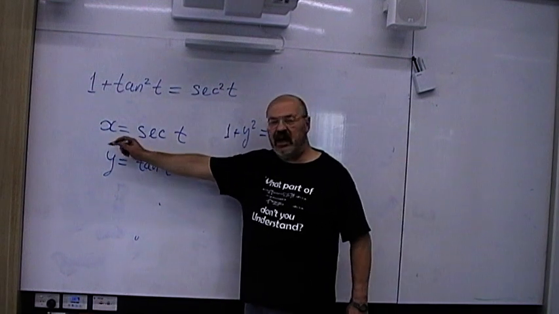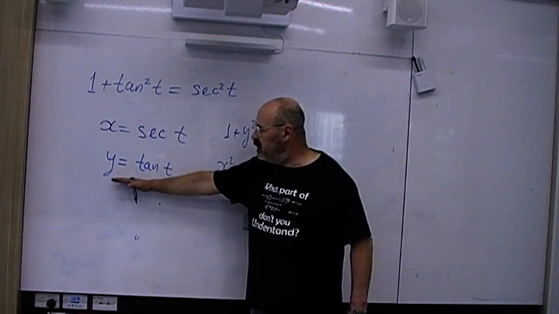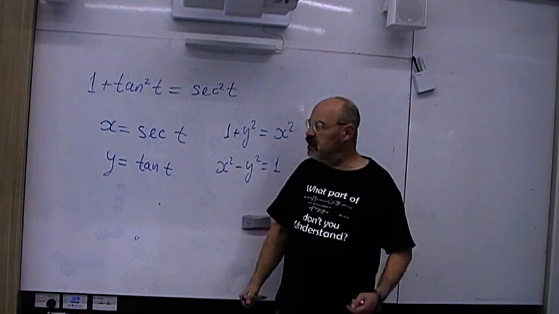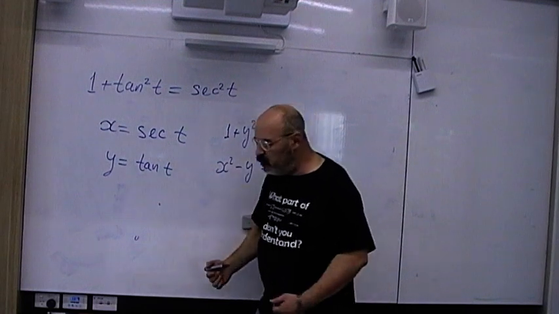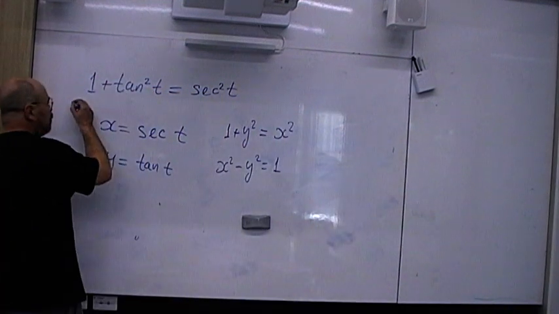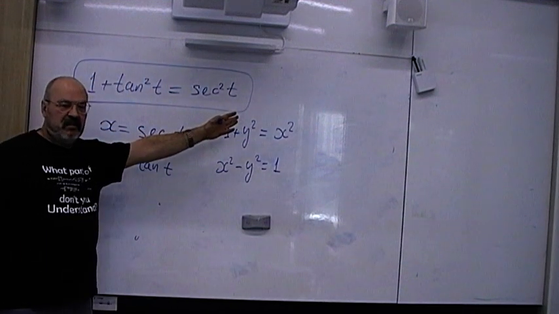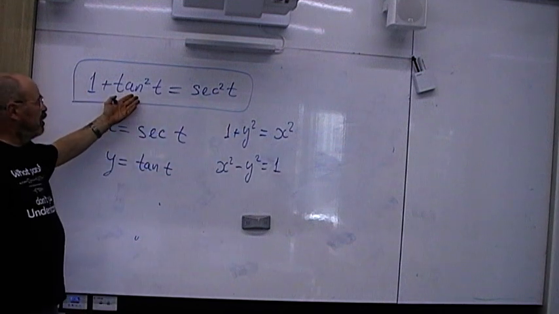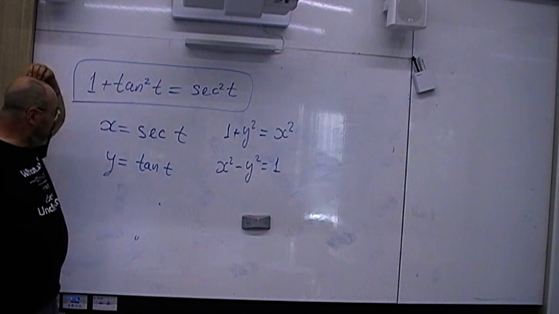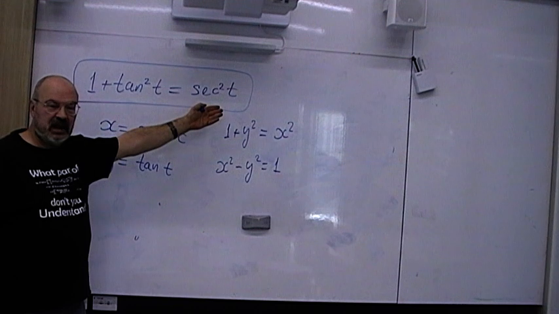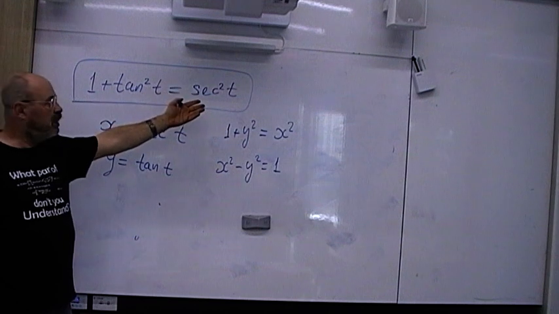What have we done? If x is given as secant t, y given is equal tan t. So, the x coordinate changes as a secant, the y coordinate changes as a tan. Then we use the trigonometric identity that 1 plus tan squared equals secant squared. It can be easily shown if you take tan as sine over cos, bring to a common denominator, then you will get secant squared, because you get in the numerator cosine squared plus sine squared, which is 1, over cosine squared, which is secant squared.